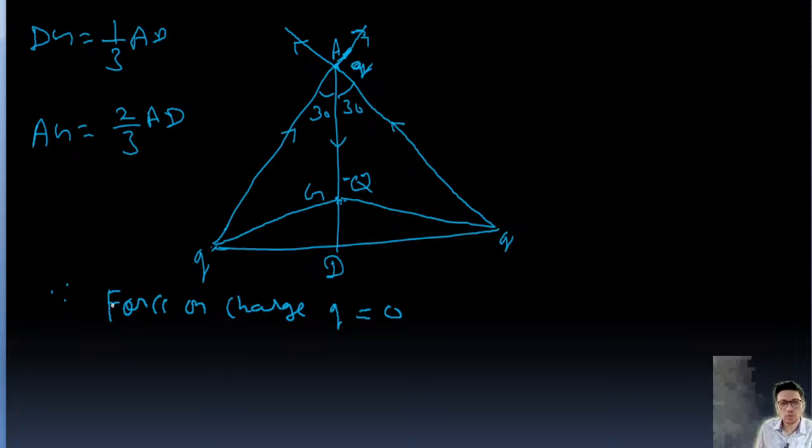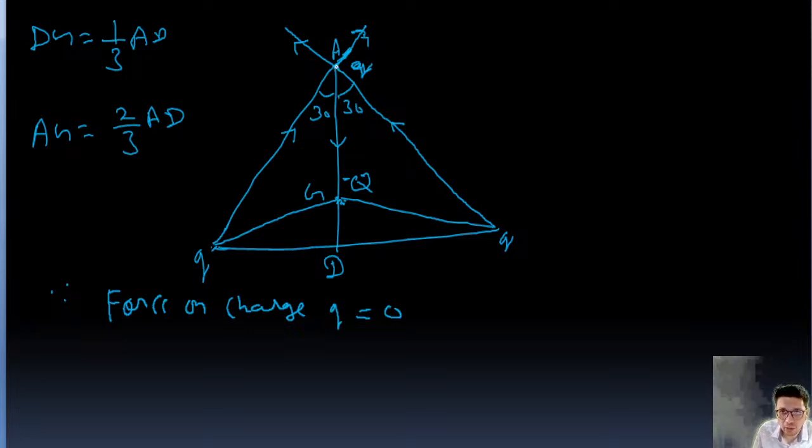And we know the force between these two charges by Coulomb's law: 1 upon 4 pi epsilon 0, Q1 Q2 upon R square, right? This we know, and similarly for this force we'll find.